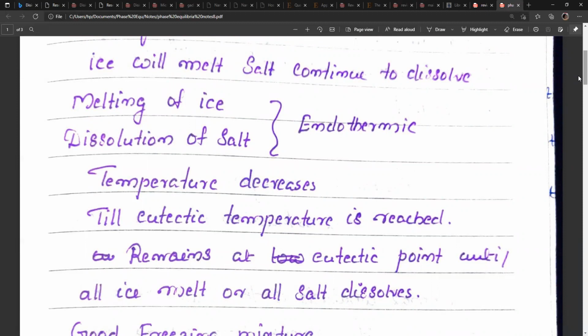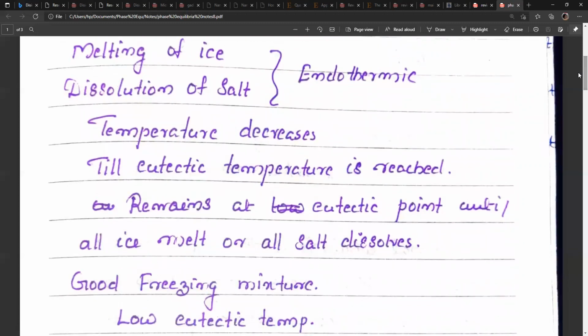In the last session, we discussed the salt water system of potassium iodide and ice, and we know that this curve will follow the eutectic curve until the eutectic temperature is reached.